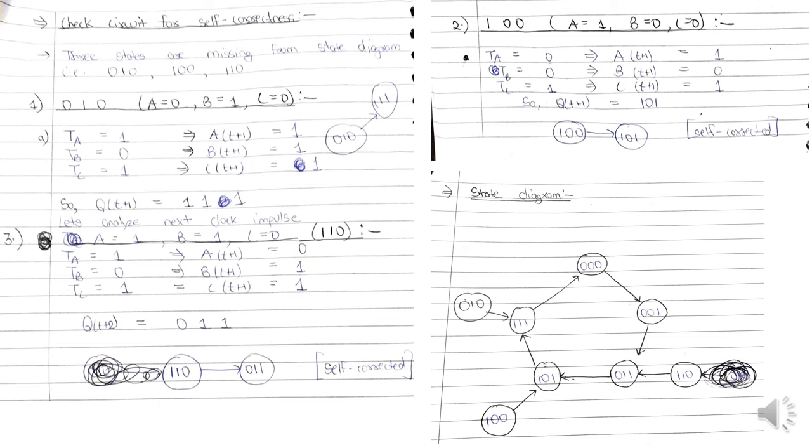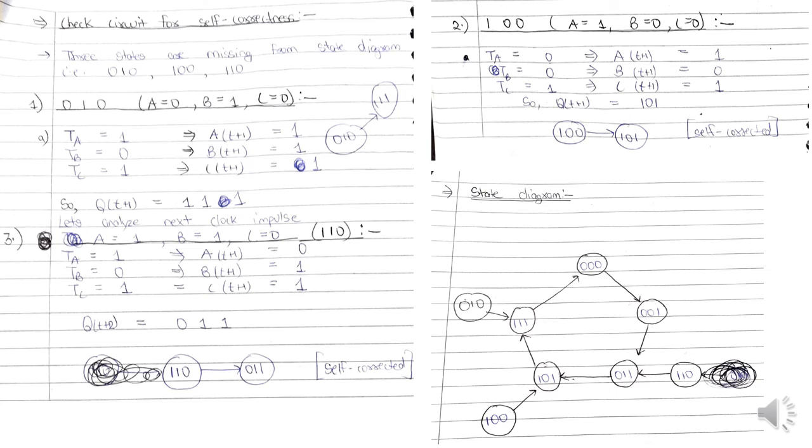After going into an invalid state, after one pulse, it comes back to a valid state, which is 111, meaning 7. After that let's analyze 110, that is 6. A equals 1, B equals 1, and C equals 0. TA will be 1 because TA equals B and B is 1. TB will be 0 because TB equals C and C here is 0.